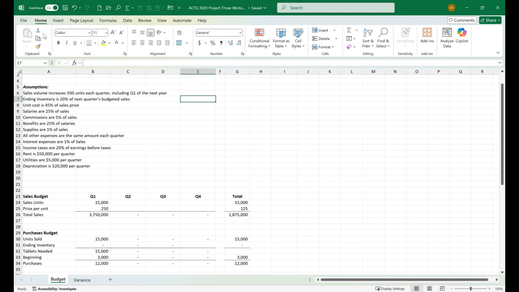So we have all the assumptions up here. Sales volume increases 500 units each quarter, including Q1 of the next year. So then here we're going to see the sales units increases 500 units. So this plus 500.